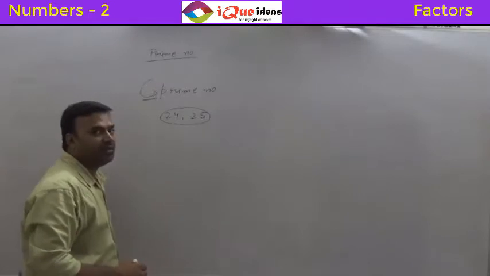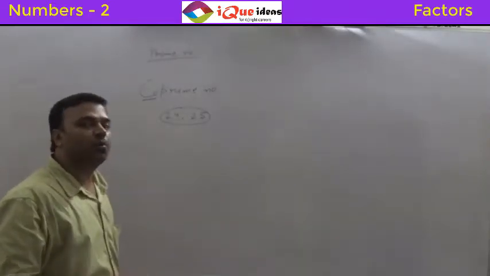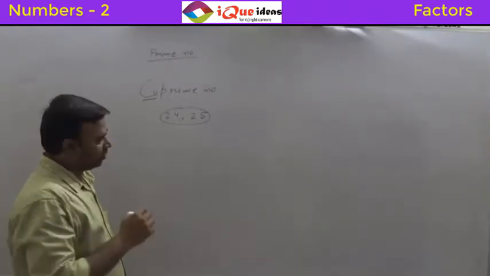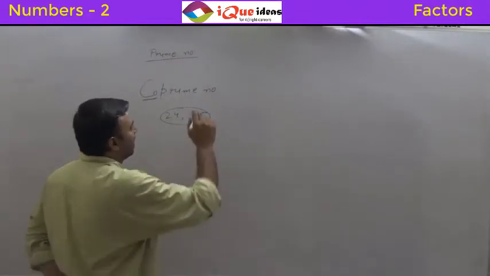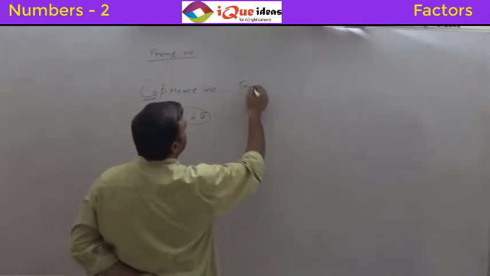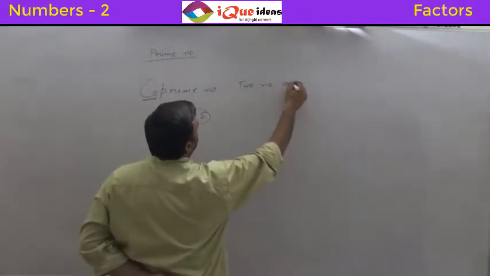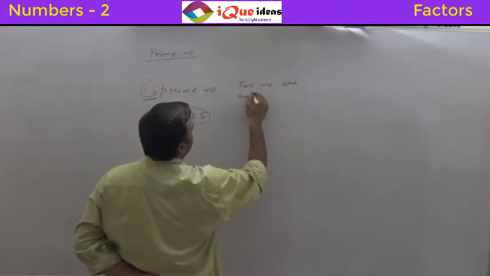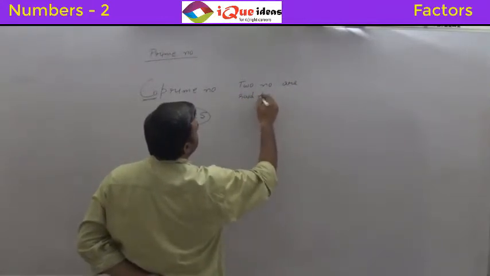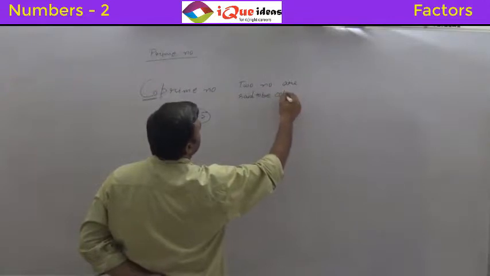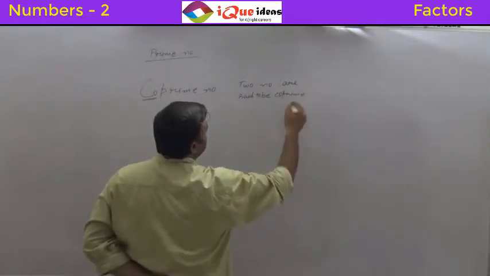So co-prime numbers will always exist in pairs or in groups. Alright? So 2 numbers are said to be co-prime to each other, always pairs. It cannot be standalone co-prime.